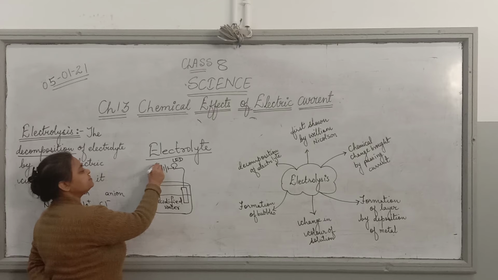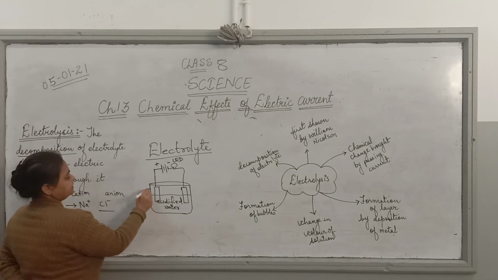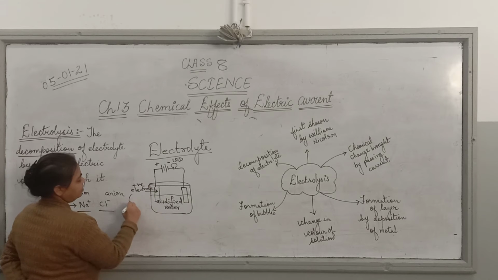So this is the positive end of the battery, this is the negative end. So this electrode is the positive electrode and we call it anode.